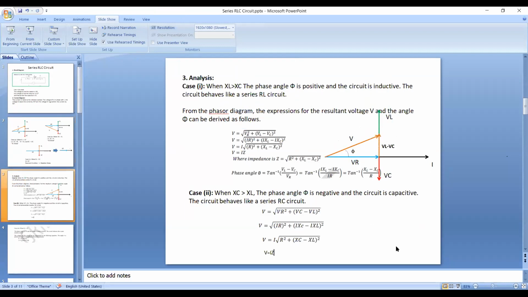I've placed it for better clarity. The x coordinate is VR and the y coordinate is VL minus VC. So VR square plus the difference VL minus VC the whole square.